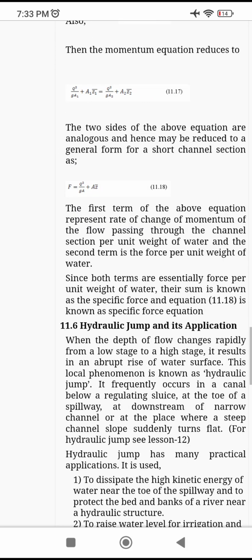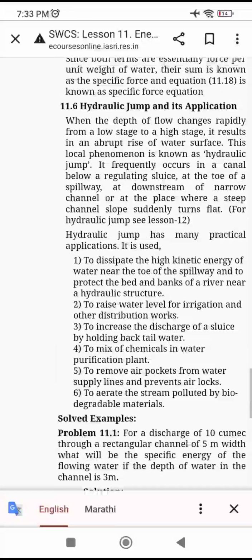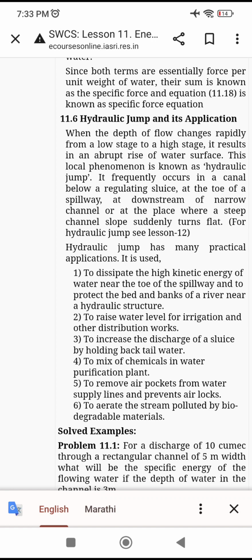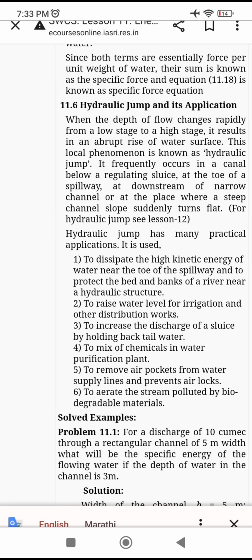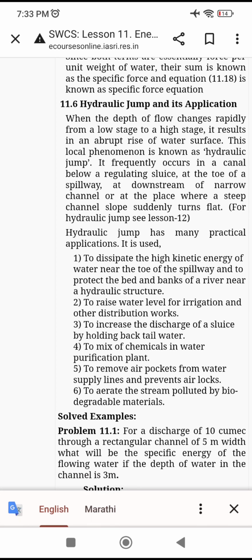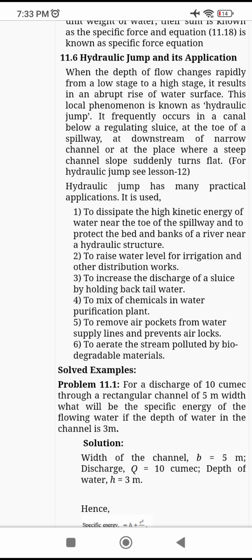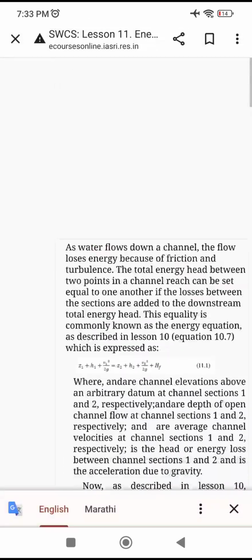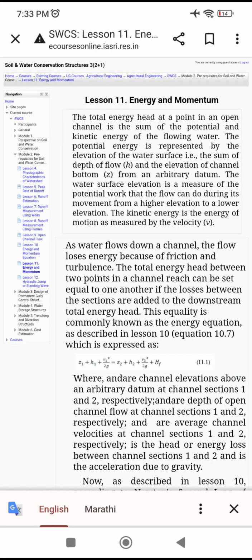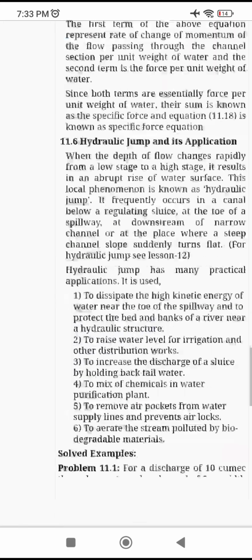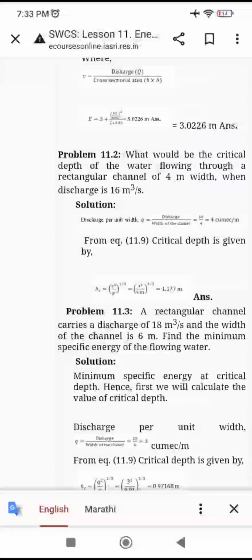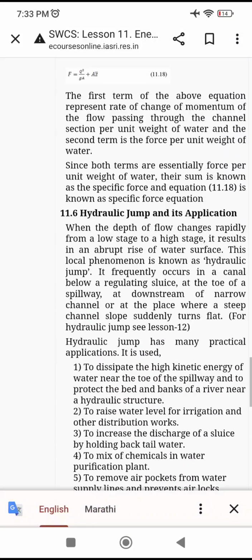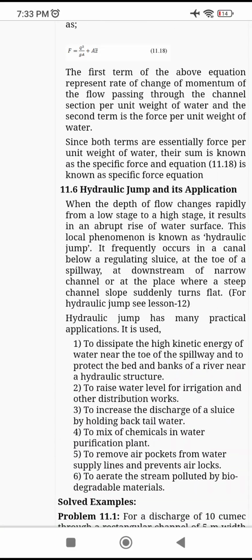Then specific force, hydraulic jump. Different types of hydraulic jump also depend on Froude number. Here they have not mentioned hydraulic jump in detail, so I would like to request you to go through the different types of hydraulic jump based on Froude number.